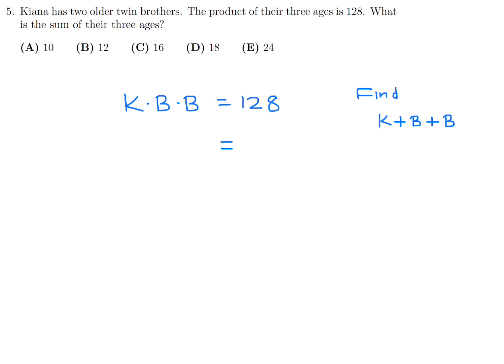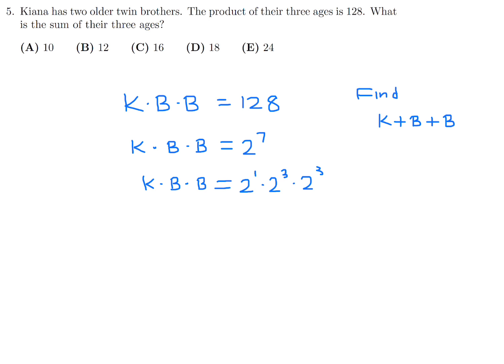Now, 128 is 2 to the power of 7. So K times B times B has to be 2 to the power of 7. And the only way to arrange that is to have 2 to the power of 1 times 2 to the power of 3 times 2 to the power of 3. There's no other arrangement that works, because keep in mind two things.